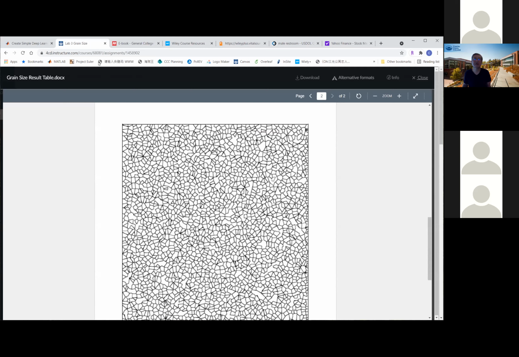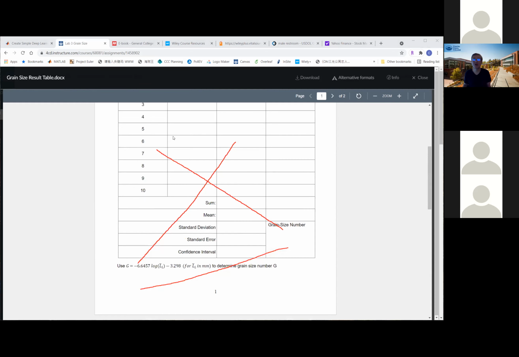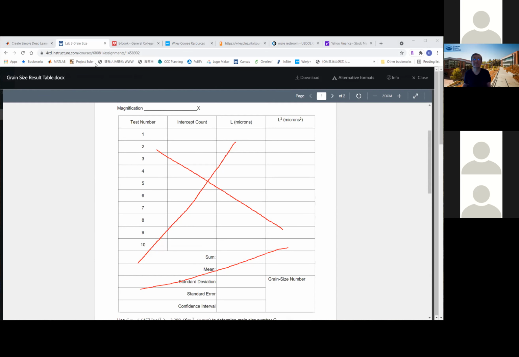It's best that you keep the same setup. So you draw one line here, then randomly draw a different line at a different place, and draw 10 of them. For each line, you measure the length and put it here, so that will be the length of 1 and 2, etc. For this column, you take this number and square it.